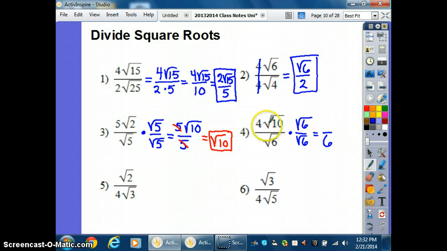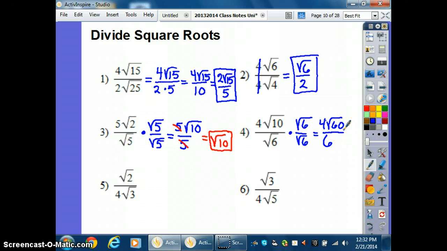And my numerator's 4 times the invisible 1, 4, 10 times 6, 60. Oh dear. I didn't mean to give you such a hard one here. Okay, we're going to have to break our 60 down. I do happen to know that 4 goes into that. I think it's 4 times 15. 4 times 15 is 60.